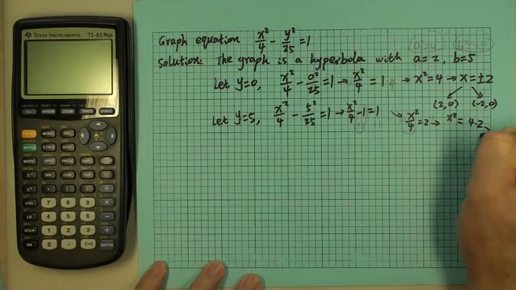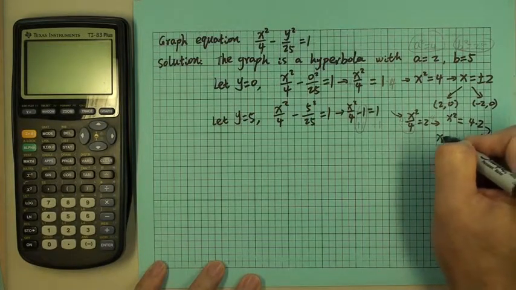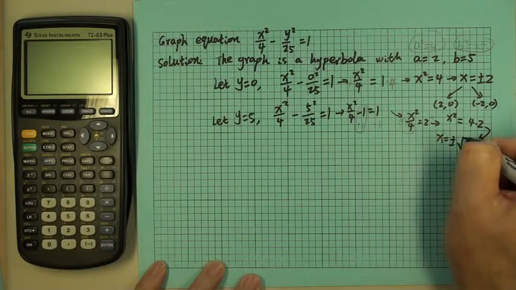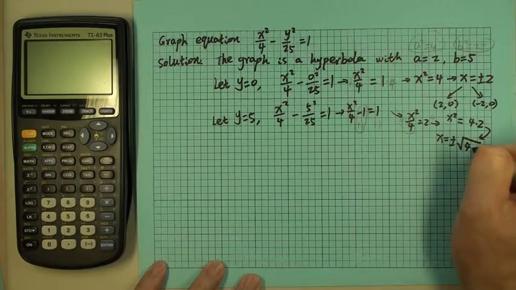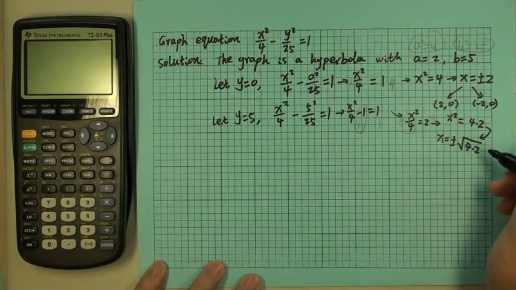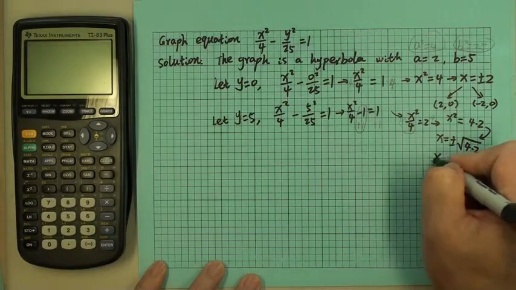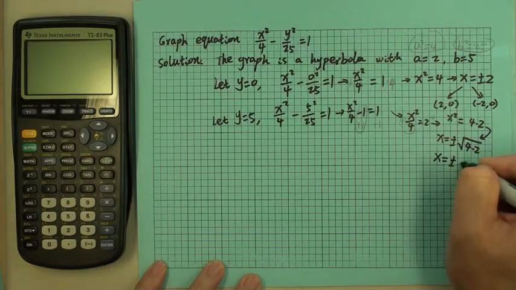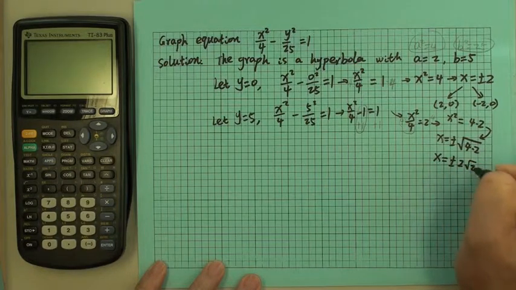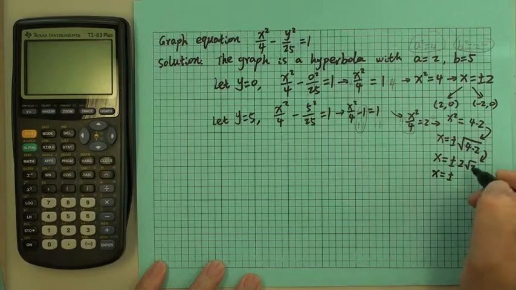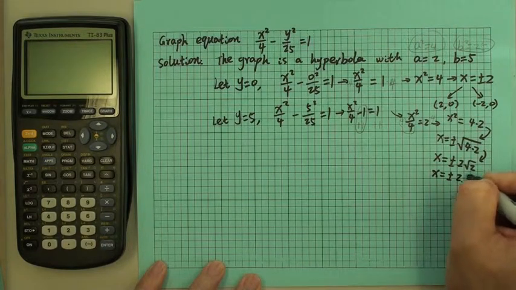From here, you get x is plus or minus the radical of 4 times 2, which is x equals plus or minus 2 radical 2, and approximately x equals plus or minus 2.8.